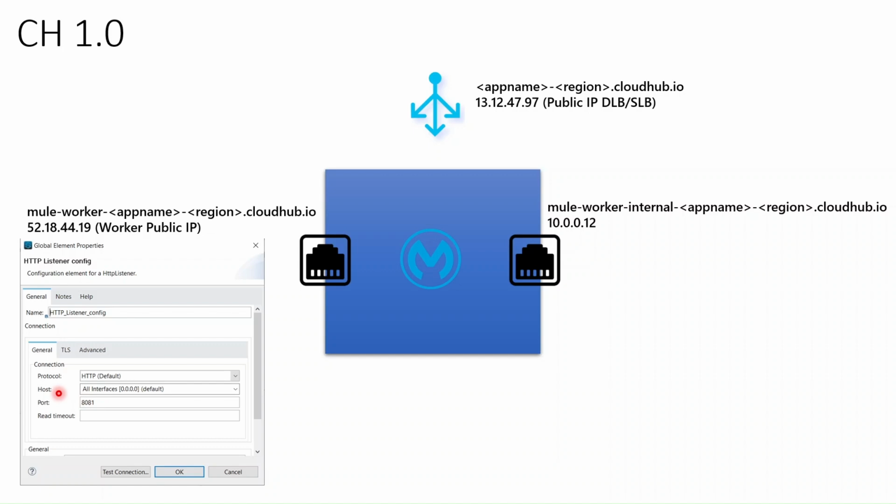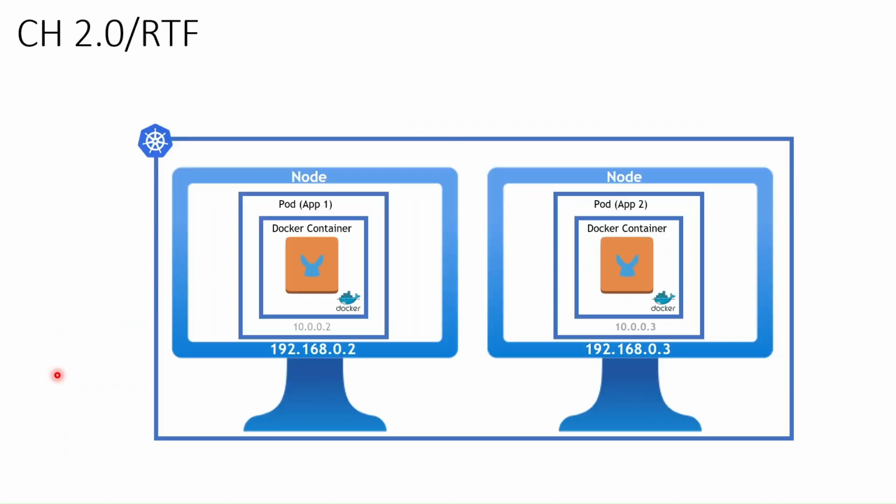But when on CloudHub 1.0, always remember the host should be set as all interfaces. Never change this value, or else you would run into access issues. Same is the case with CloudHub 2.0. Now, CloudHub 2.0 is a containerized platform, and so is RTF.